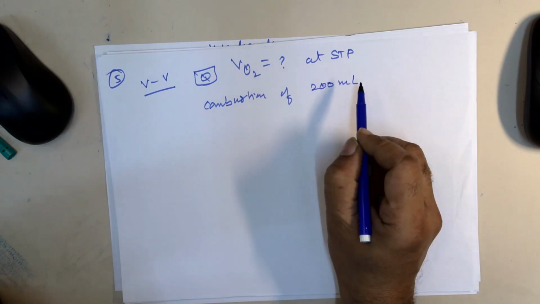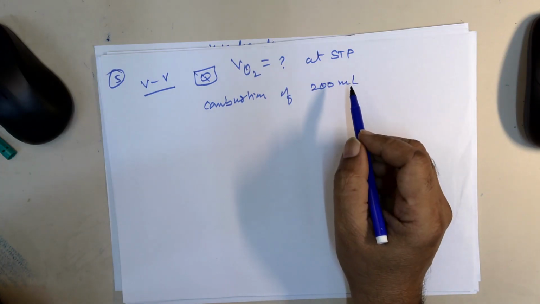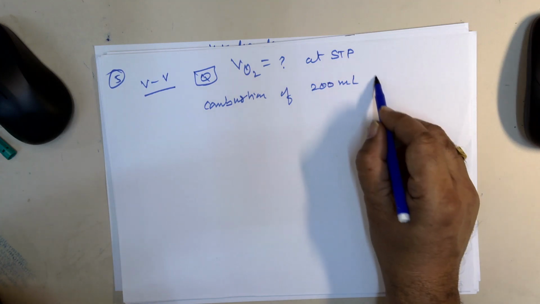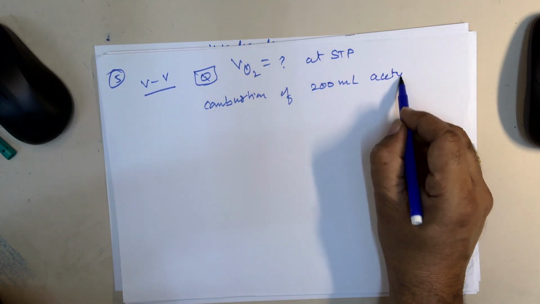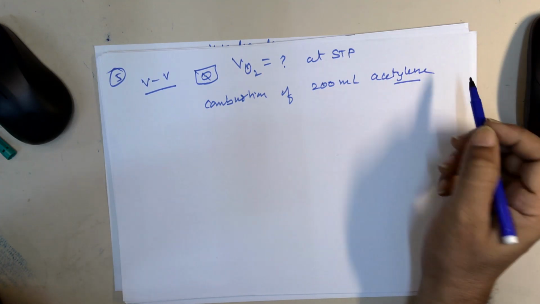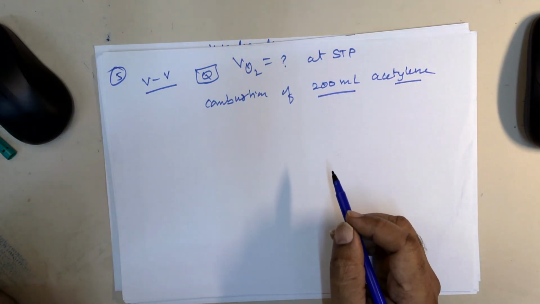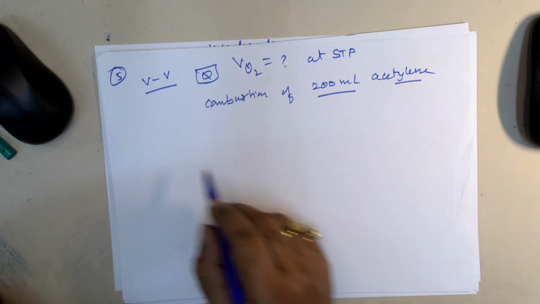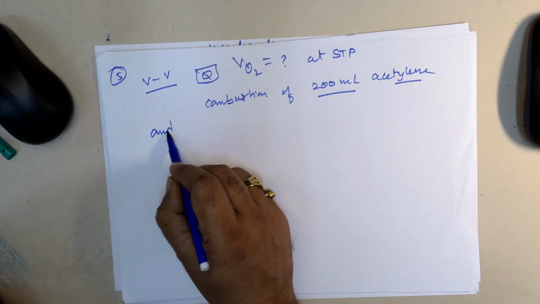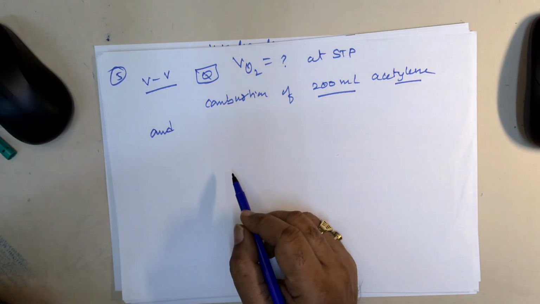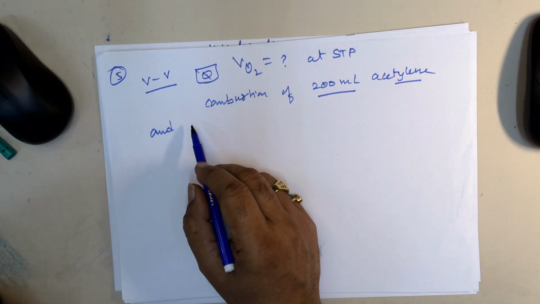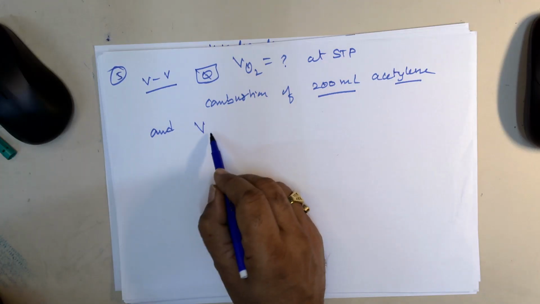200 ml of acetylene, and what would be the volume of carbon dioxide formed?